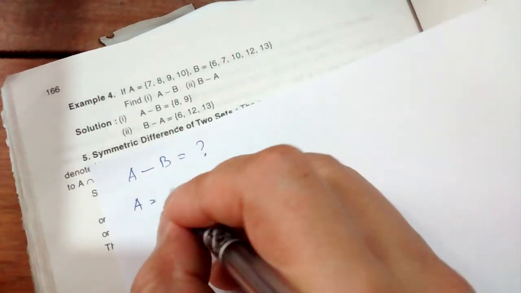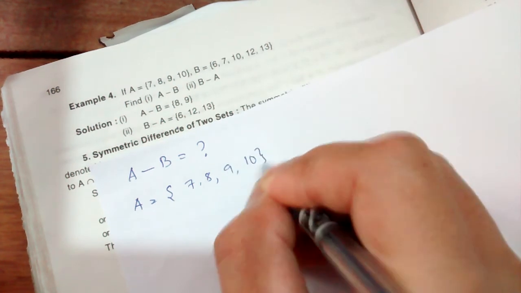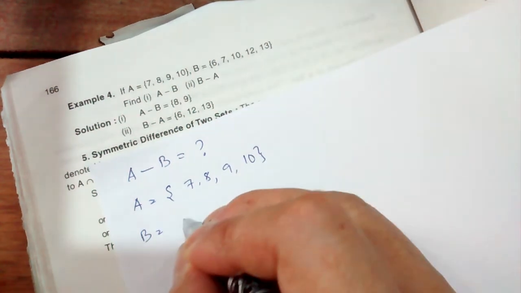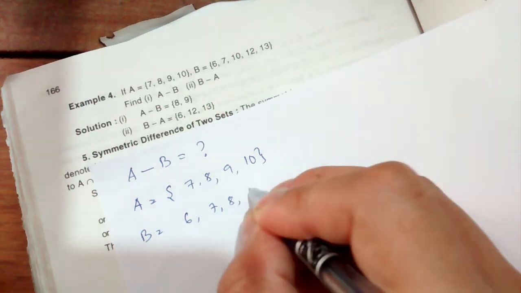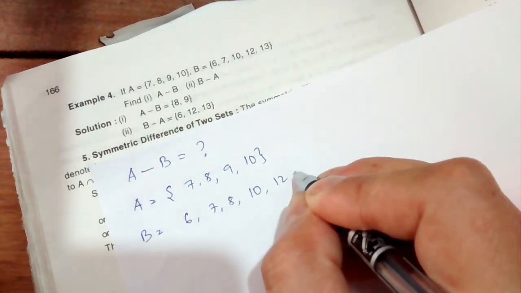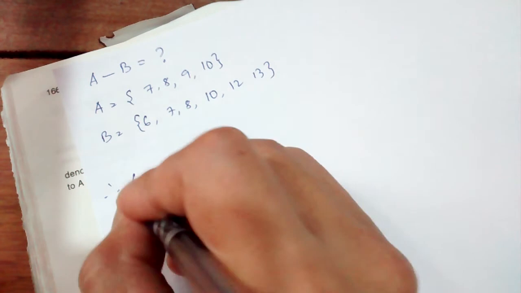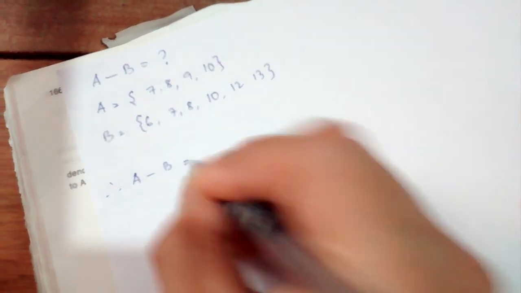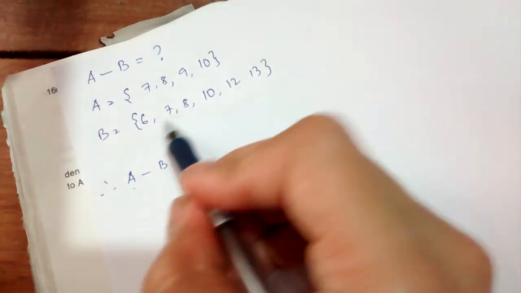A is given as 7, 8, 9 and 10. B is given as 6, 7, 8, 10, 12 and 13, let's just say. Therefore A minus B should give you only those elements which are exclusive for A.